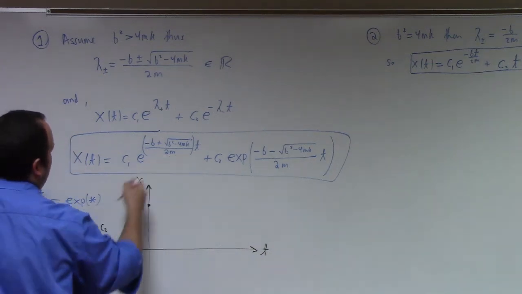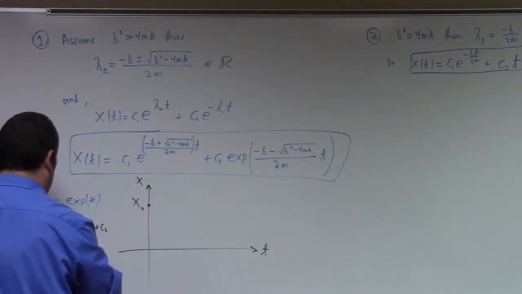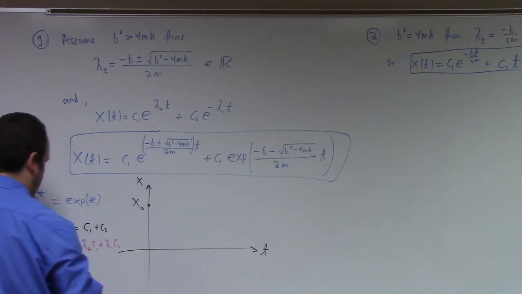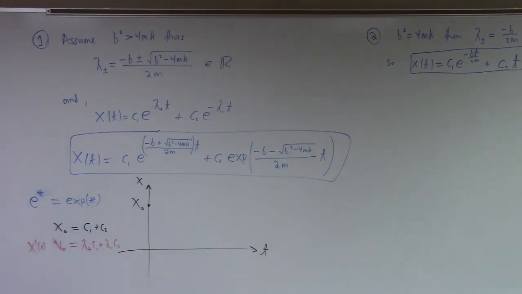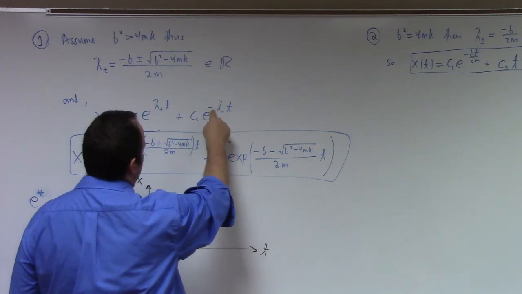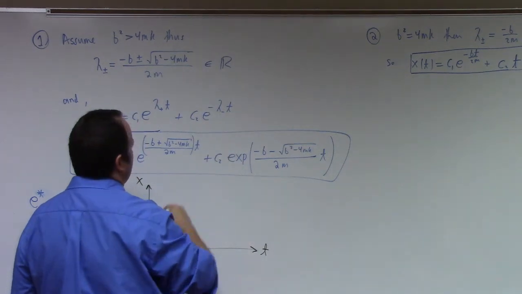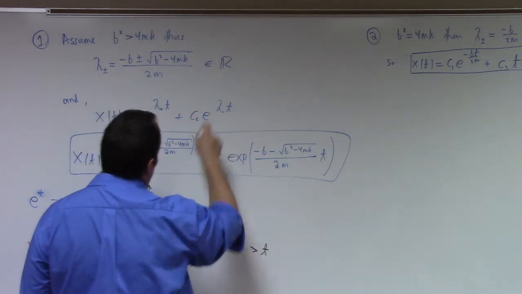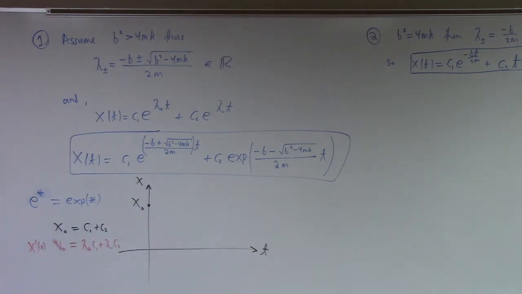It would be lambda plus C1 plus lambda minus C2, yeah? Because you'd have to differentiate it. The chain rule pulls down the lambda. Oh, come on, guys. Don't put a minus there. That minus doesn't belong there. Anyway. All right.